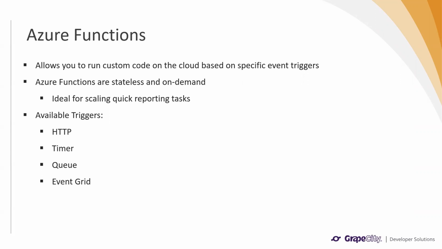Now, the thing with these functions is that everything is event driven, it's like triggers, right? Essentially, you have several triggers available to choose from based on your need. You have the HTTP trigger, which is basically an HTTP request comes in and a response is sent back. A timer trigger is, for example, if you want to schedule a report to be sent to a manager or an executive every month or every week.